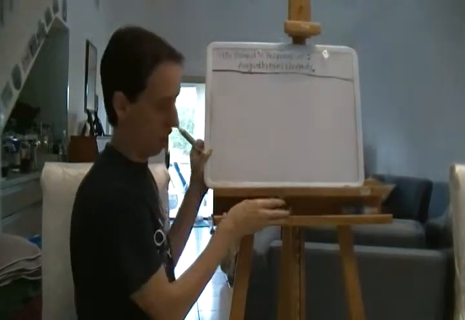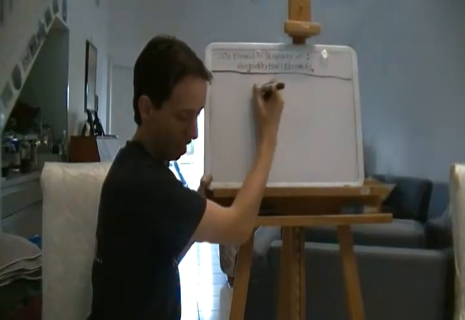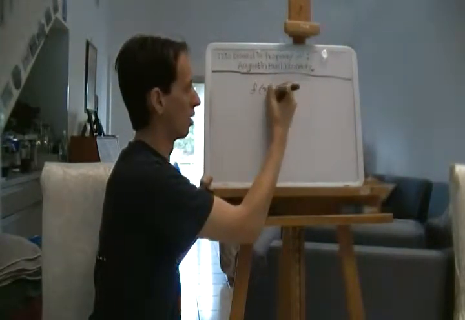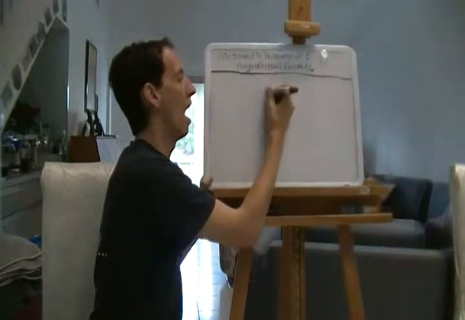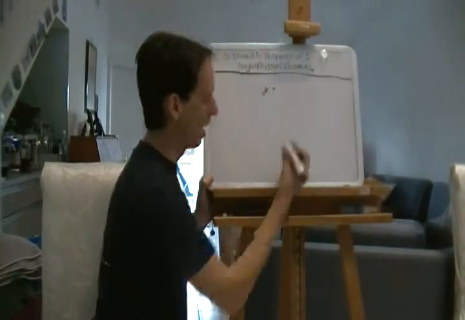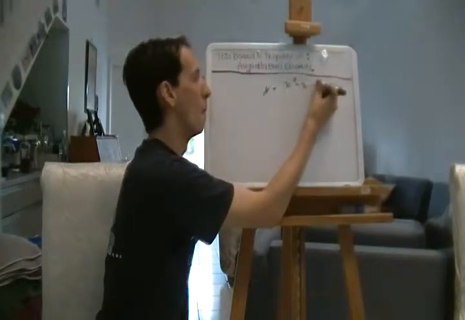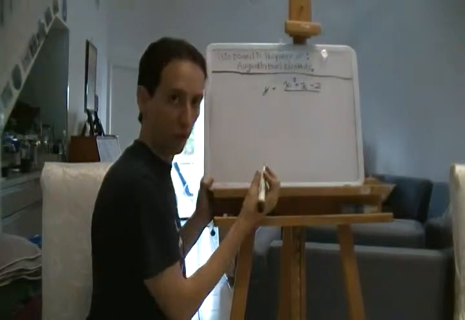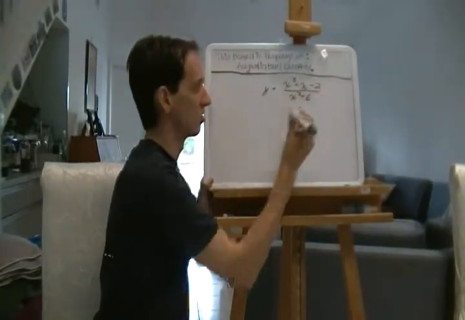Alrighty. We've got f of x, or y, yeah, let's do that. y equals x squared plus x minus 2 over x cubed plus 6.